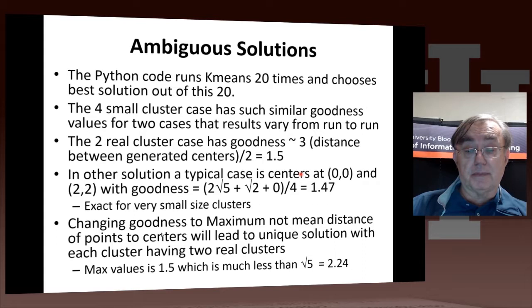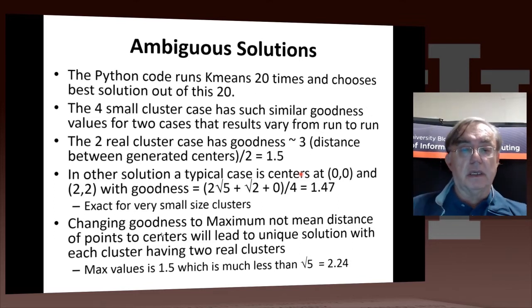If you look at the maximum distance of points to clusters, you will find that the 2 and 2 case still has a maximum value of 1.5 because all distances are 1.5, whereas the 3 and 1 case has 1 cluster where the distance is 0 and 3 clusters where the distance is greater, and they average to this 1.47 because that's the 0 plus these other 2 distances.